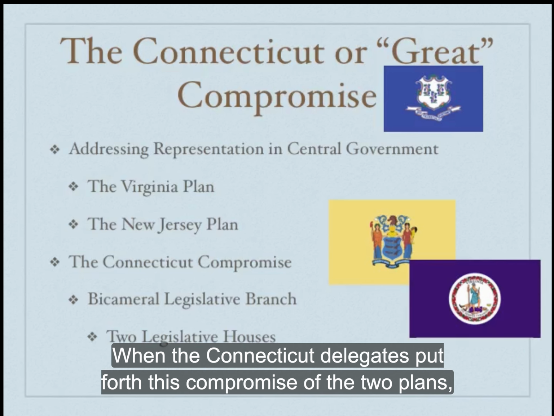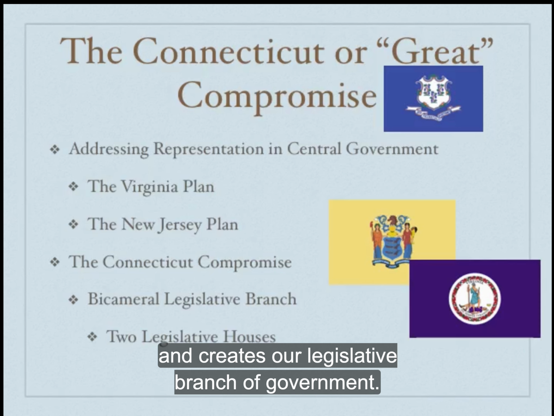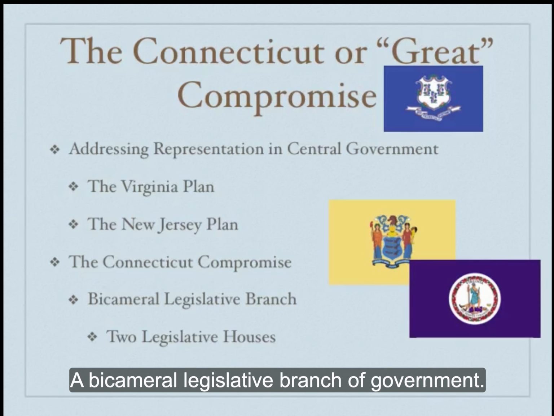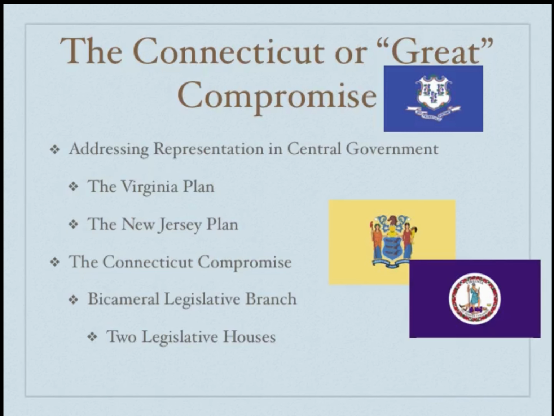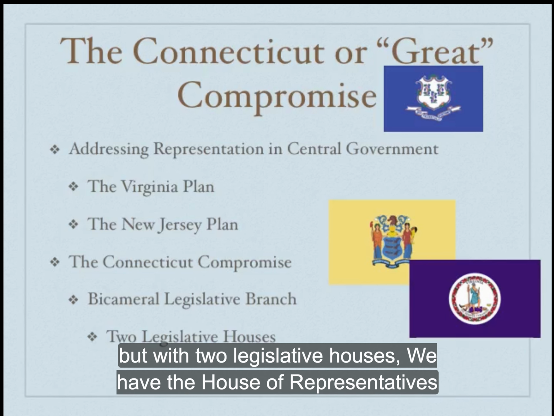When the Connecticut delegates put forth this compromise of the 2 plans, they put forth a plan that ultimately is adopted and creates our legislative branch of government, a bicameral legislative branch of government. A bicameral legislative branch of government is a legislative branch of government, 1 Congress, but with 2 legislative houses.